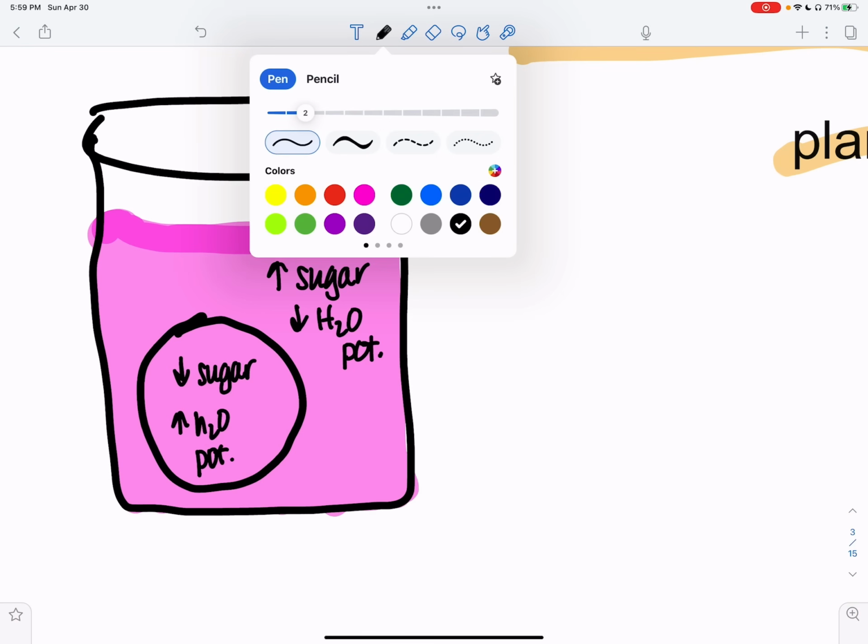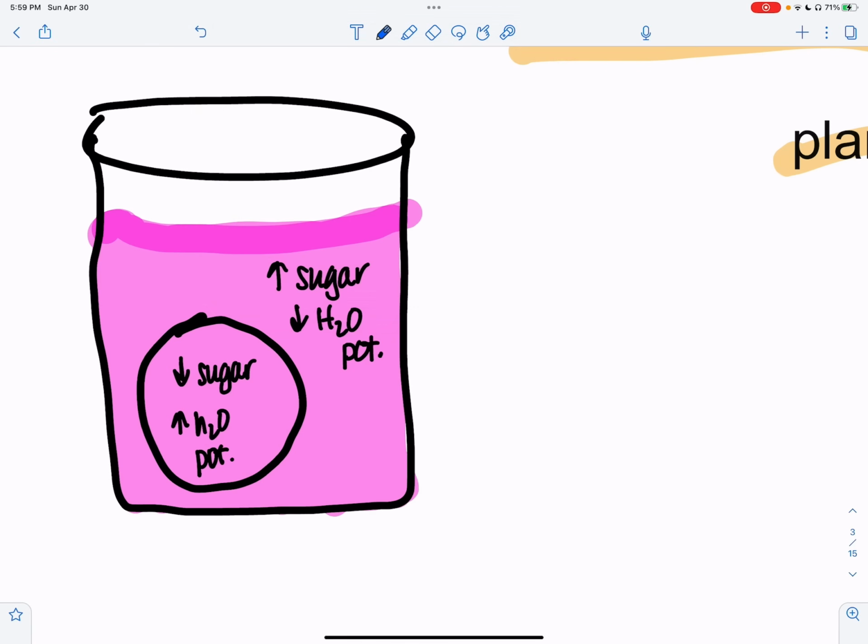Comparatively, water always moves through osmosis, so it moves from an area of high water potential to an area of low water potential to try and be in equilibrium. That's just the way the particles move. So no matter if this was a plant or an animal cell, water will be lost. It's leaving the cell.